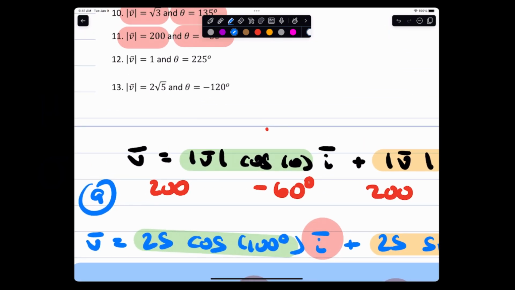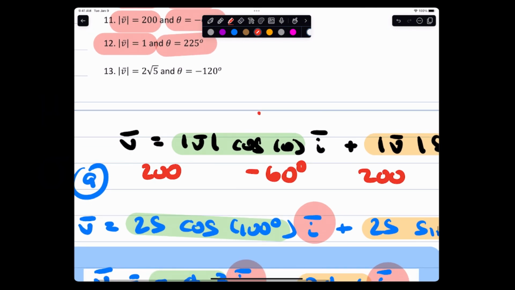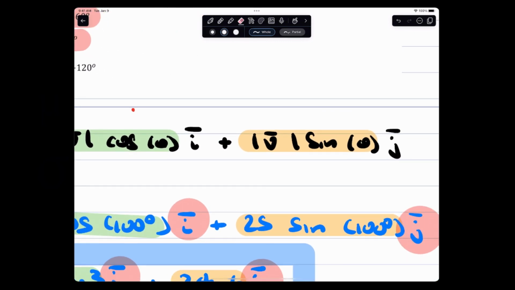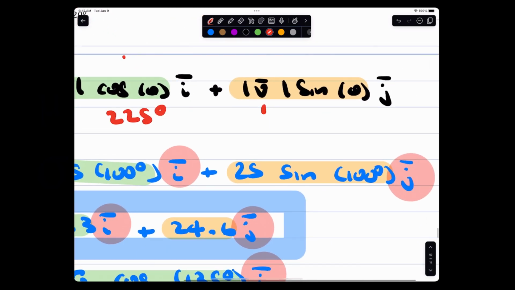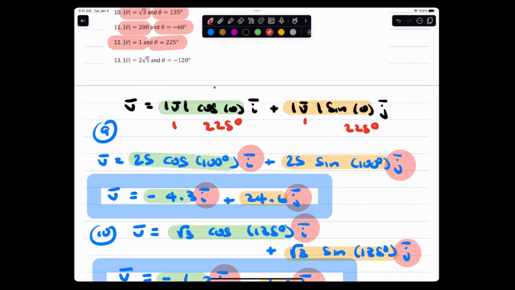Number 12 here, okay? What's the magnitude for number 12? 1. What's the angle? 225. So let's change all those values now, right? So I'm going to say the magnitude would be 1, the angle is 225 degrees. Okay, so let's look at number 12.